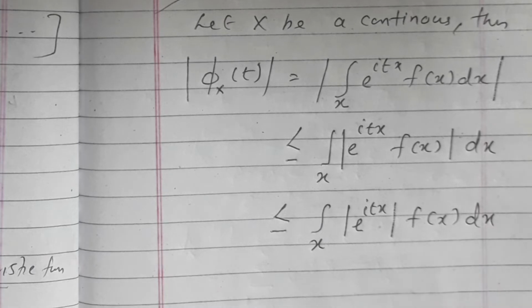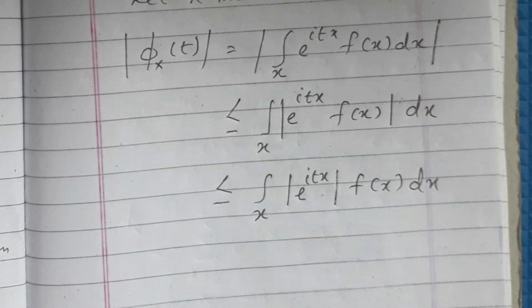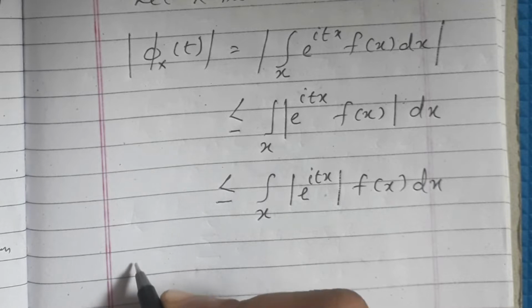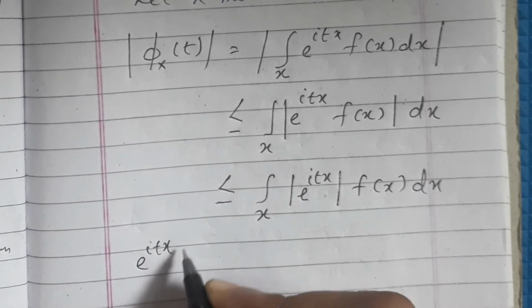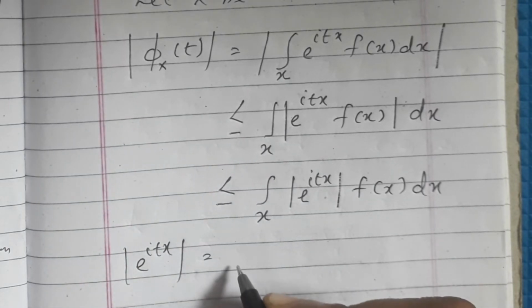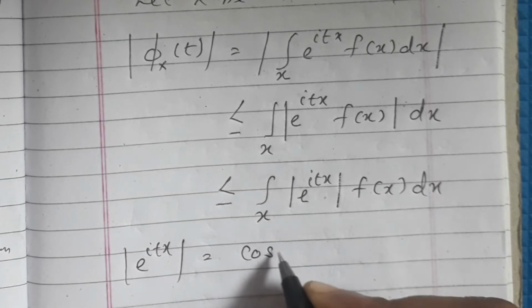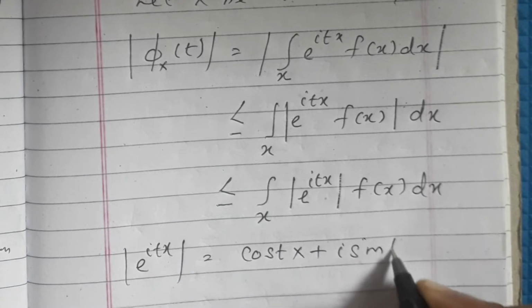Since f of x is a probability density function, f of x is always greater than or equal to 0 for all x. Now e raised to i t x is cos t x plus i sin t x.